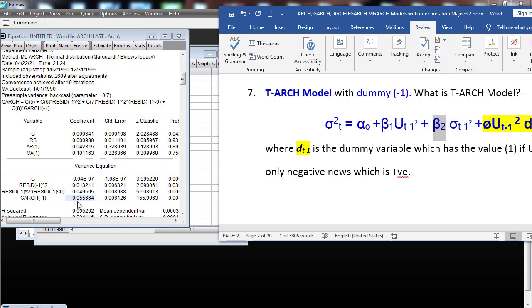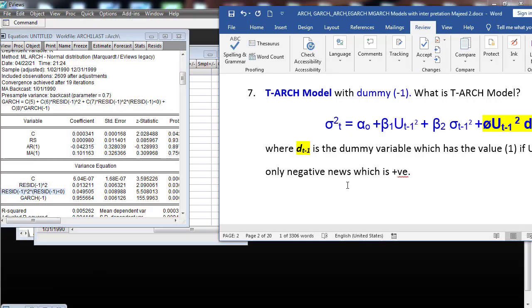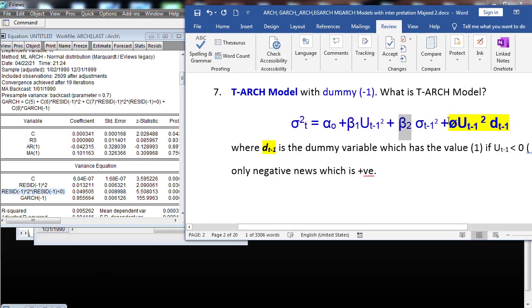and this is B2, which is the GARCH term, or residual GARCH lag 1. So this part here, residual lag 1 square multiplied by the indicator for residual lag 1 less than 0, this part here, is theta. You can see it's positive and statistically significant. So what does this mean?